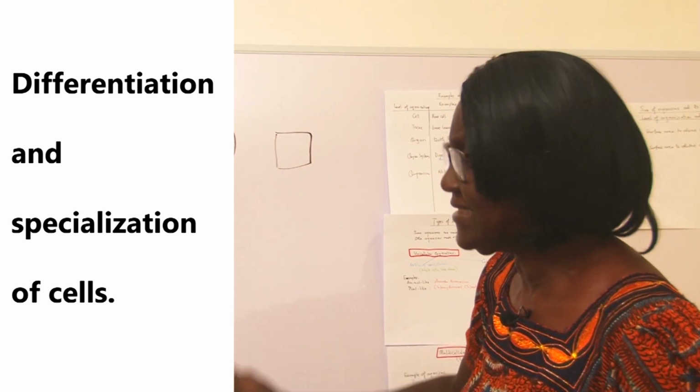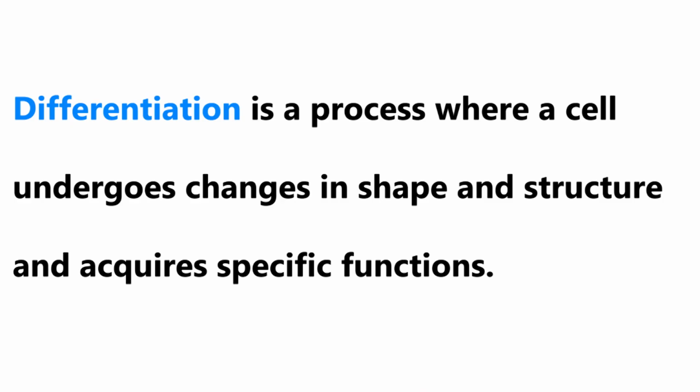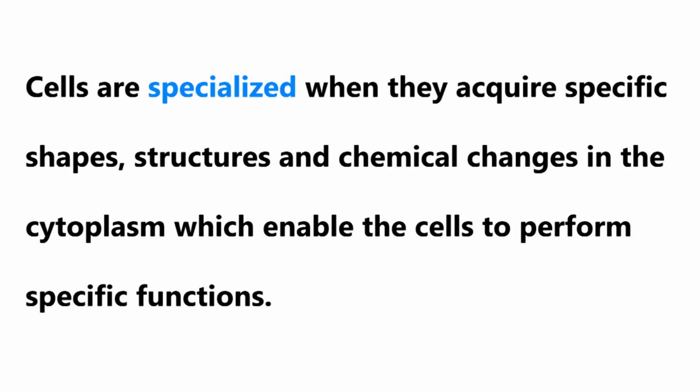So let's define the term differentiation. Differentiation is a process where a cell undergoes changes in shape and structure and acquires specific functions.